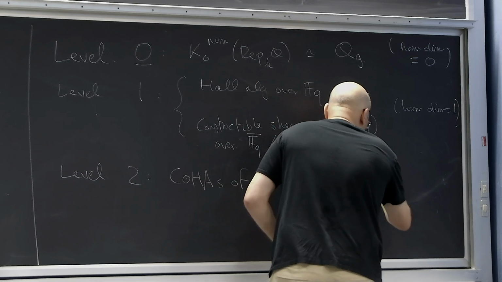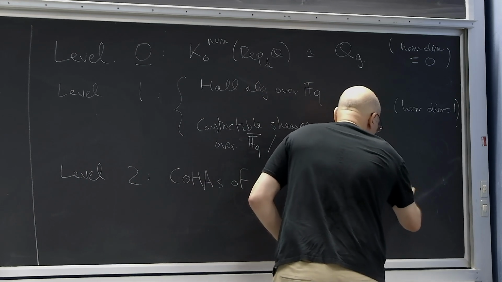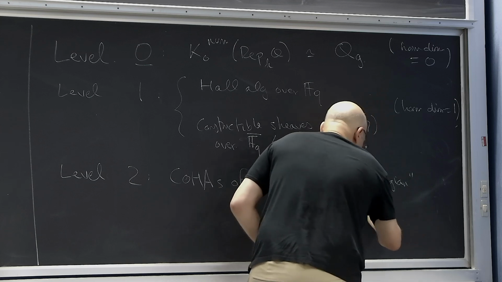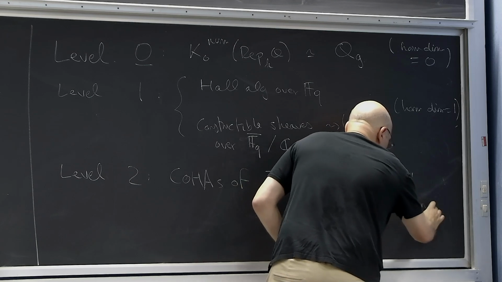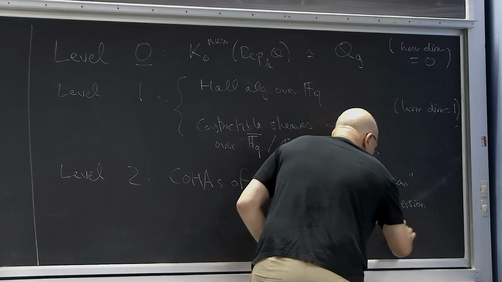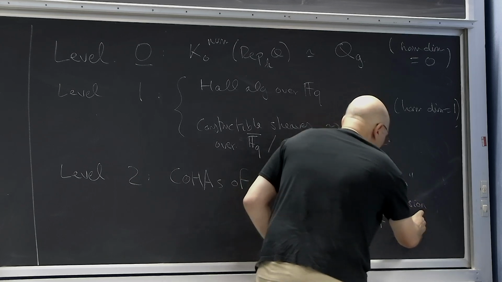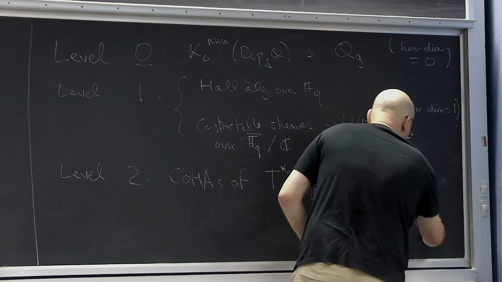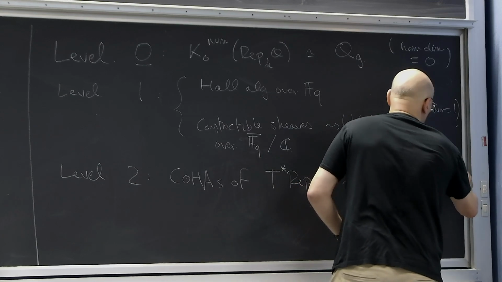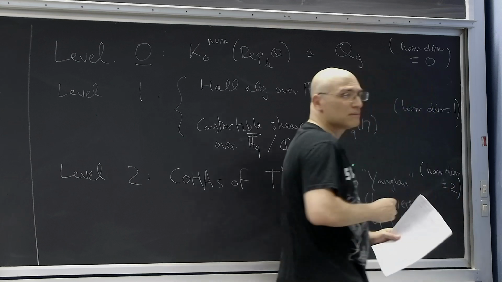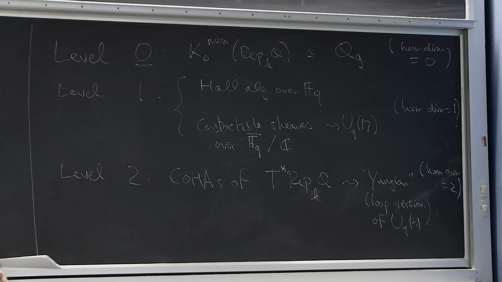This will be the so-called Yangian, or we can say it's the degenerate version of the loop version of the quantum group. And here we are in homological dimension equals 2. And this is where you have the theory of CoHAs.